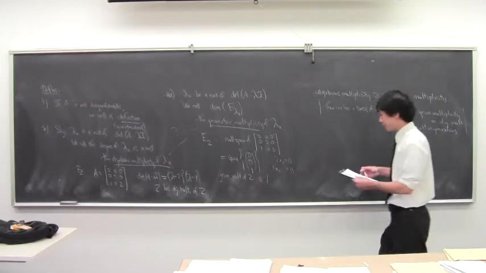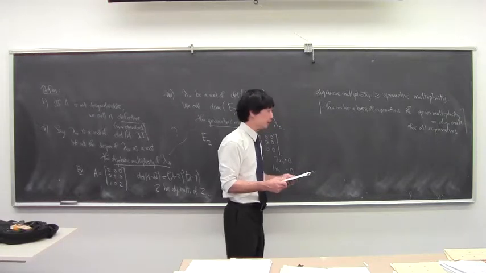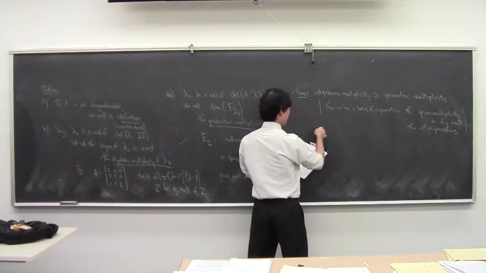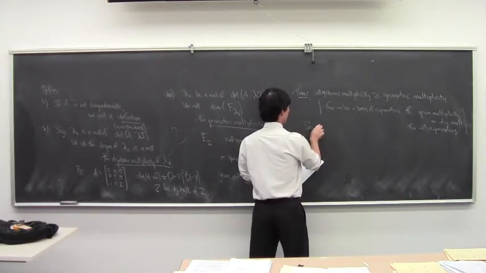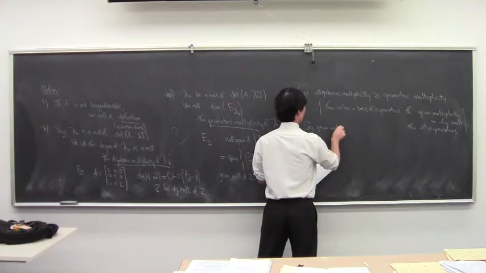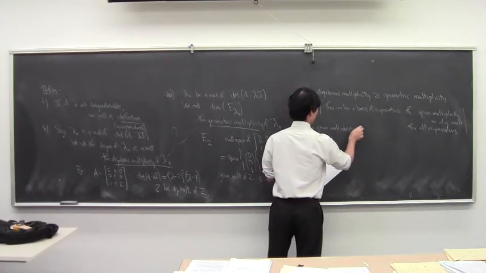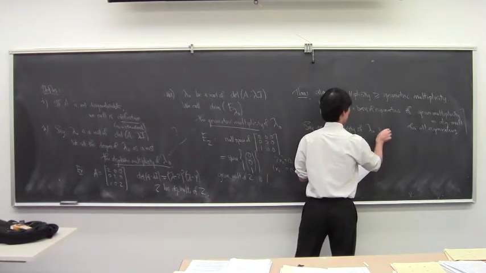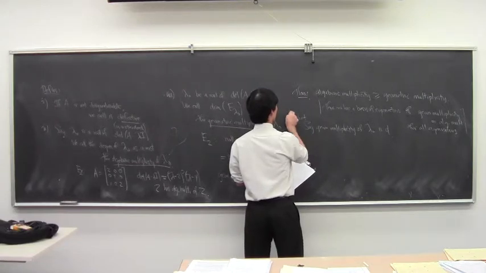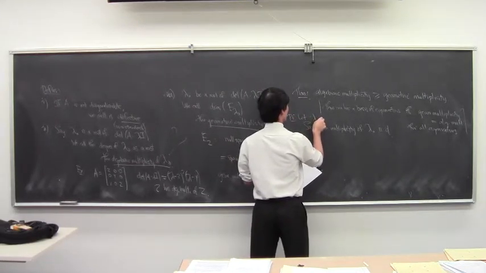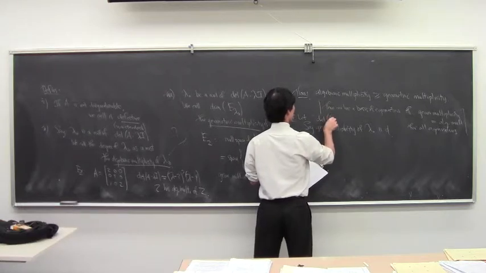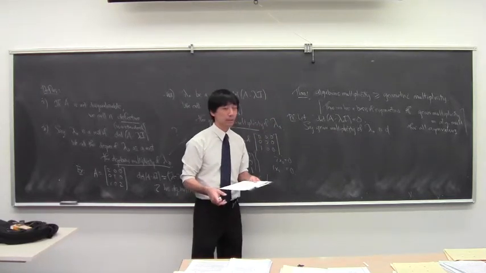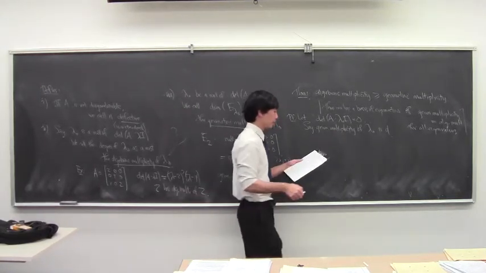Okay, let me give a sketch of why this happens. Let lambda naught be a root of the characteristic polynomial, and say that the geometric multiplicity is d.